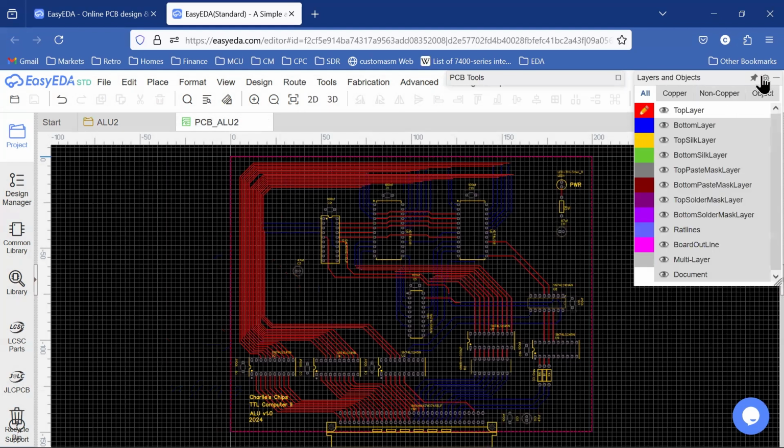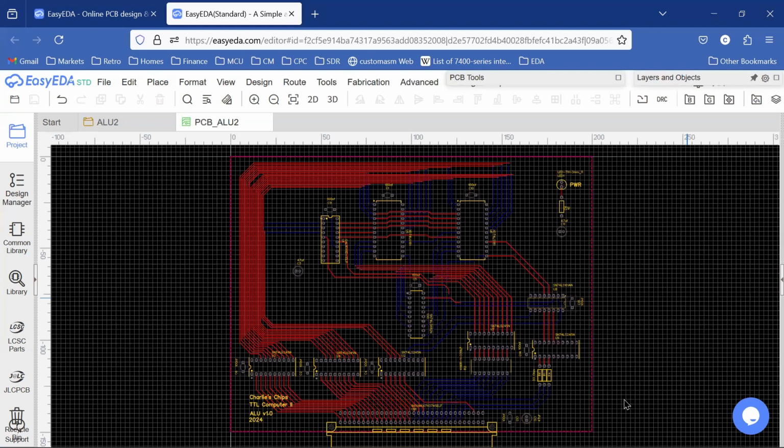And our PCB design is again similar to our other PCB designs. We generally have our input signals to the left and the output signals to the right. So we can see here that this is argument A to the ALU, argument B, and then our control signals, right?